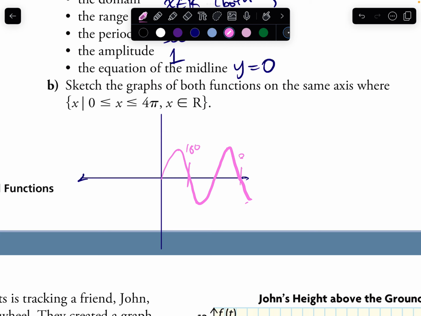Oh wait, 360. Oh wait, no. 5. And then needs to keep going a little bit. Which is 2 pi.